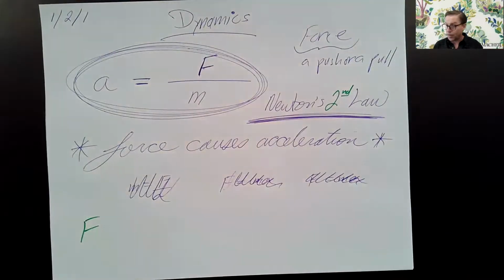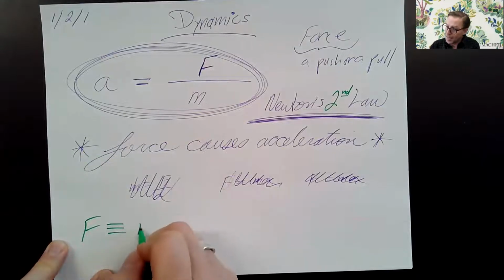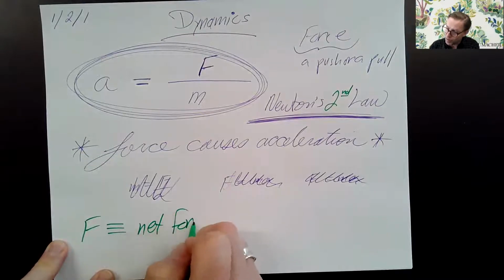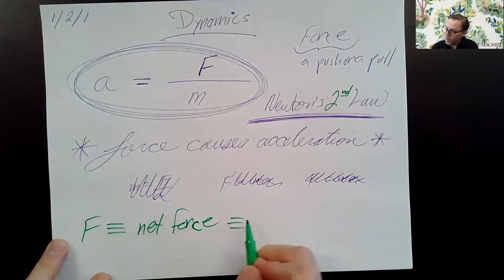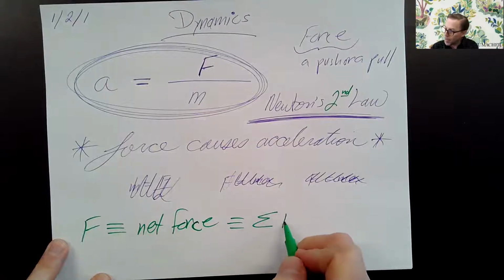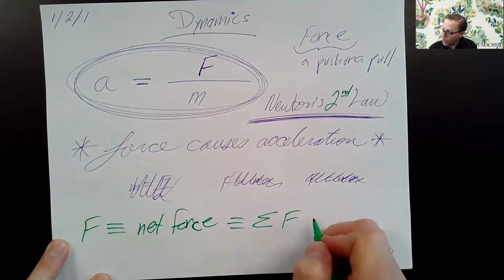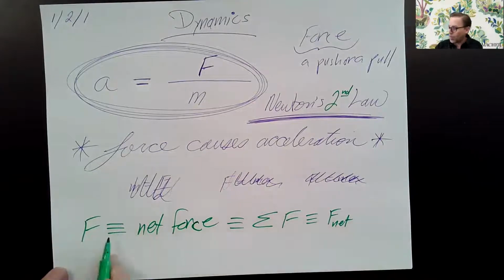Well, it turns out that F means net force. Net, the overall sum. So it's the sum, that's the Greek letter sigma, that means the sum, add them all up, the sum of all the forces. Or we could write F net. All of those mean the same thing.